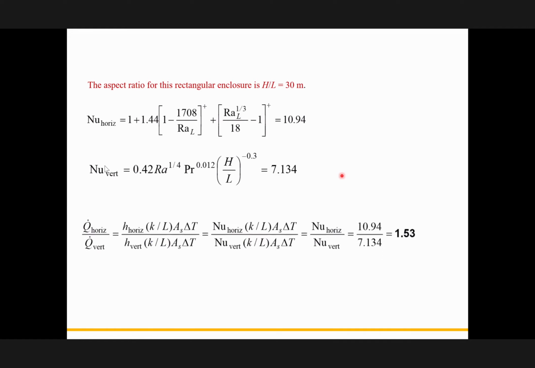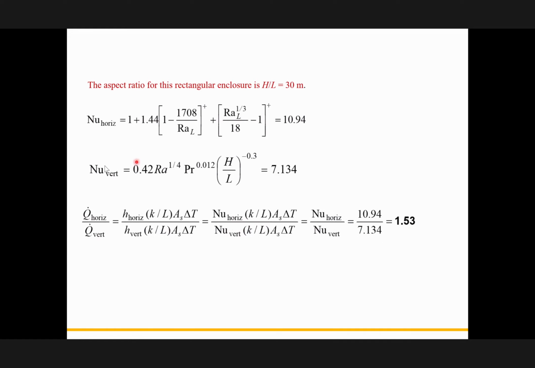He asked me to find the ratio of horizontal to vertical. For horizontal, this is the equation that we have. K over L is just multiplied, just to change them from h, because K for both of them is the same, L is the same.